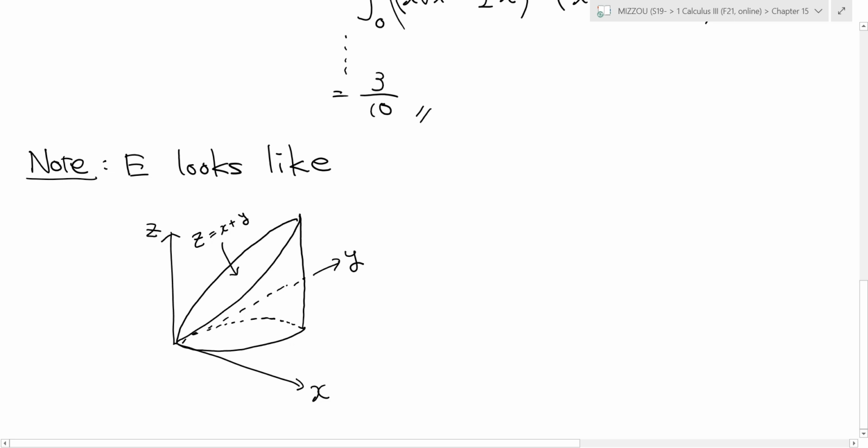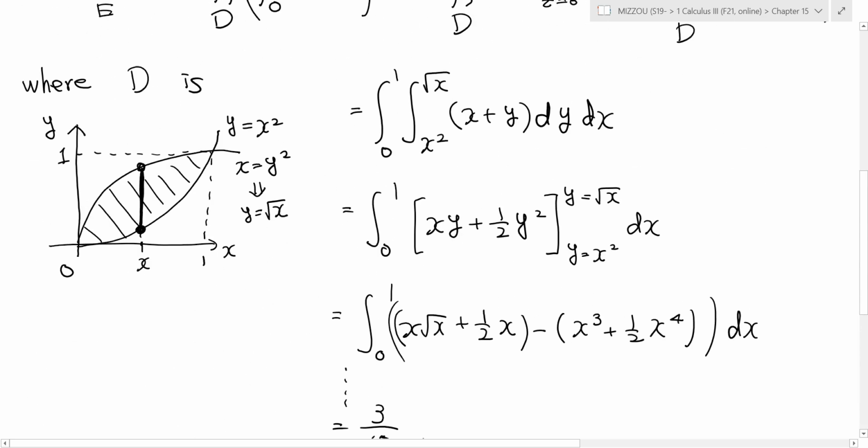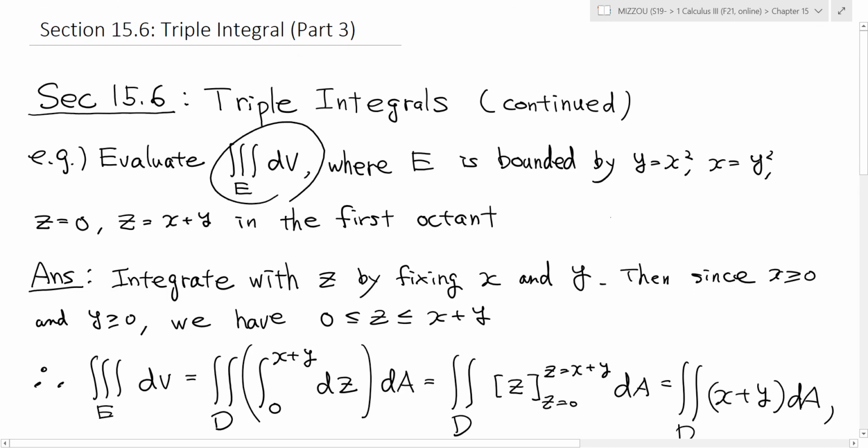Anyhow, now also another note is this. For this problem, we computed the triple integral of a constant function 1. Let me just summarize this.